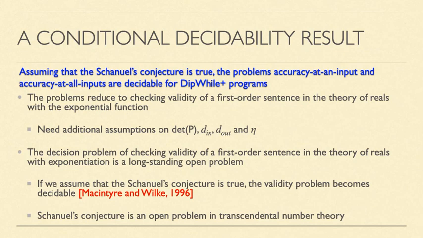The decidability of checking validity of a sentence in the theory of reals with exponential function is a long-standing open problem. And this is where Schanuel's conjecture comes in, because it was shown by Macintyre and Wilkie in 1996 that if you assume that Schanuel's conjecture is true, then the validity problem becomes decidable.